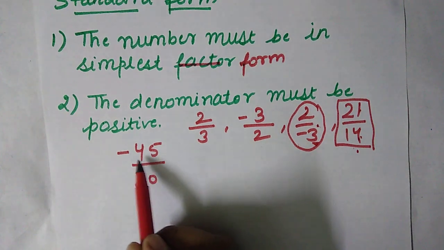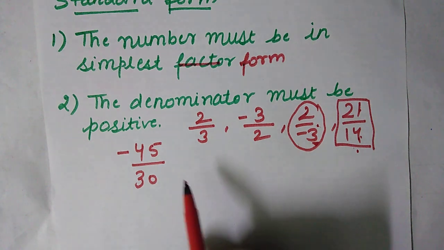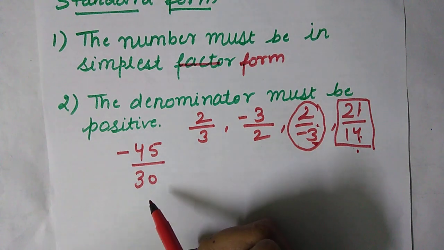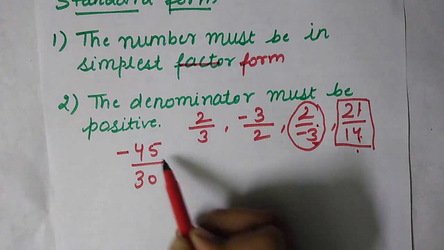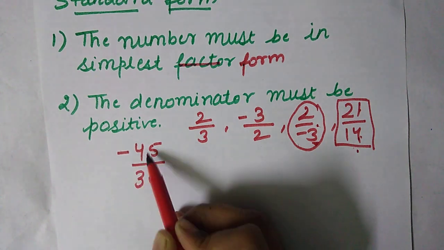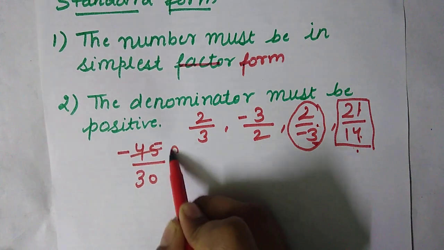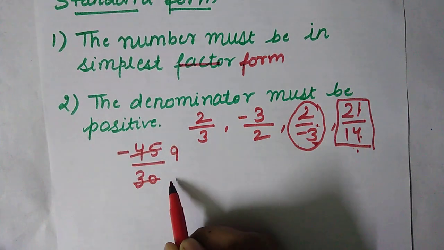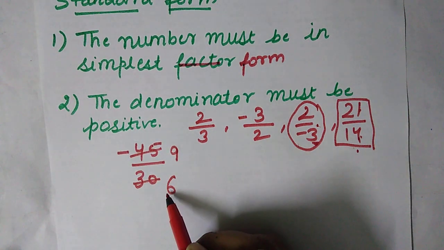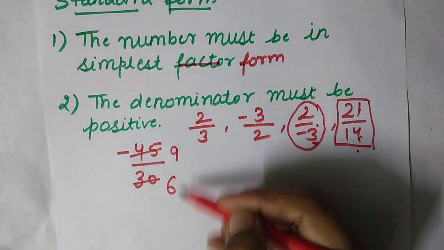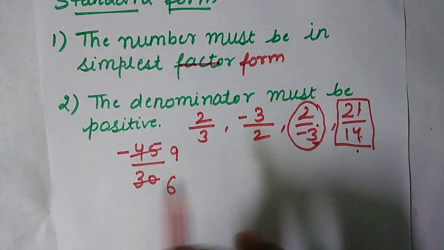Suppose we are given a number like this. First we have to make this number in simplest form. Both get divided by 5, so 5 nines are 45 and 5 sixes are 30. Now again they are not in simplest form, they get cancelled by 3.